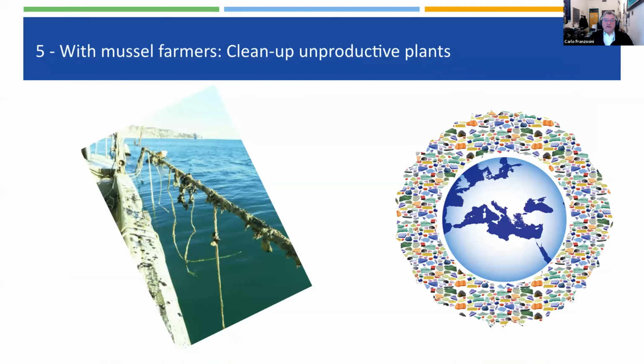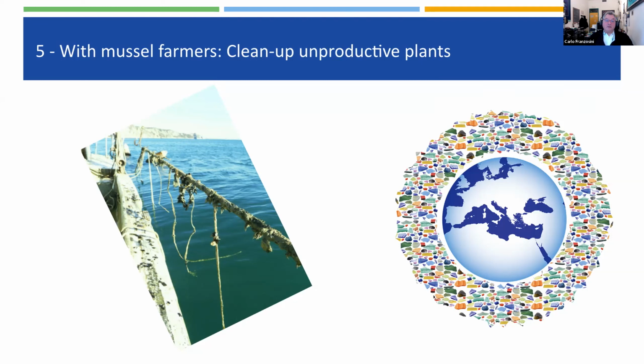Another activity we have started is the cleaning up of unproductive plants. This happens after the events of toxic plankton, which appear from time to time. Then the activity is stopped due to the presence of toxic plankton, whose toxins are transferred to the mussels. The activity is suspended after the exams provided by the veterinarians.